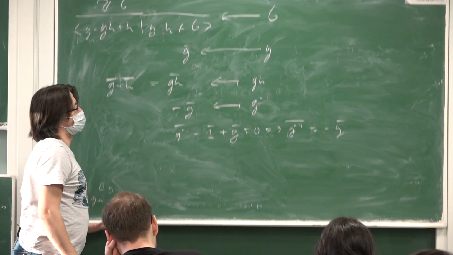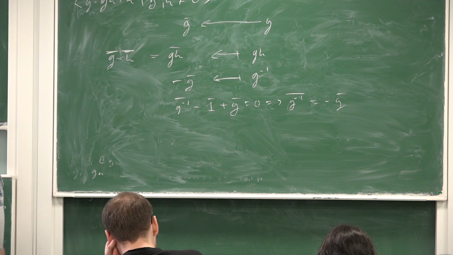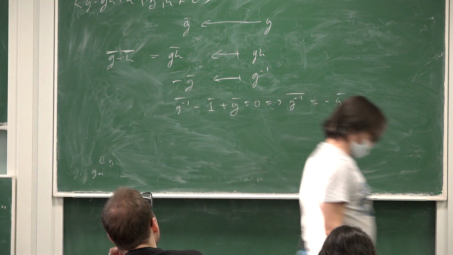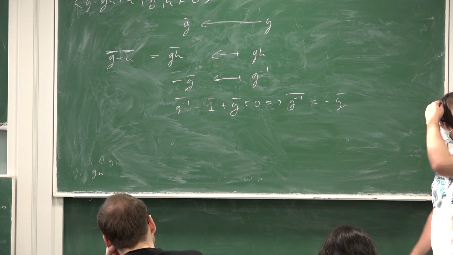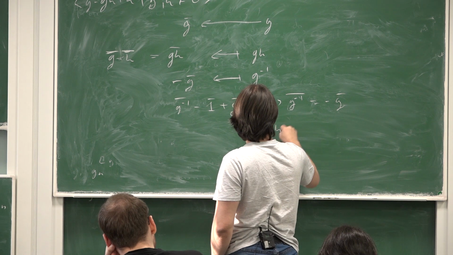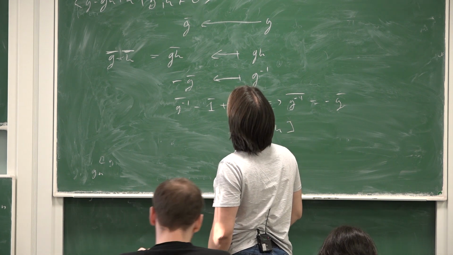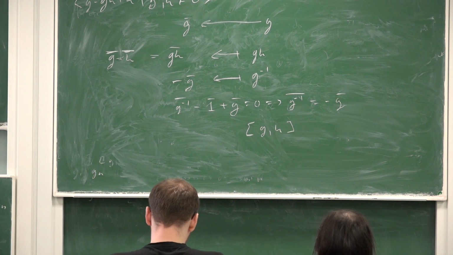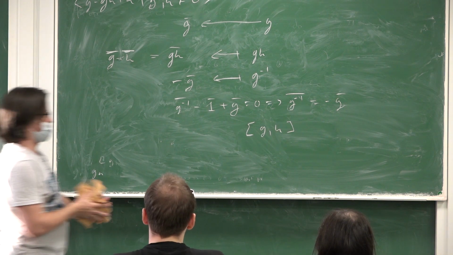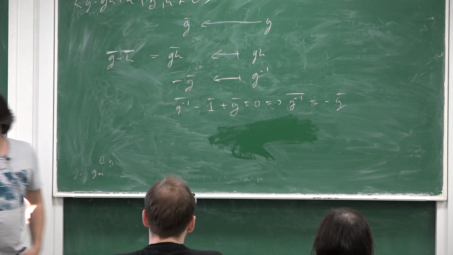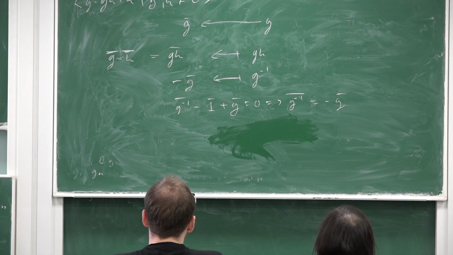So it is a group homomorphism, and it is not difficult to see that if you take G and H, well, we don't even need to see this, because on the left the group is abelian, so the commutator has to lie in the kernel.